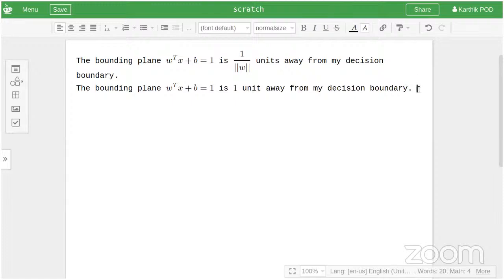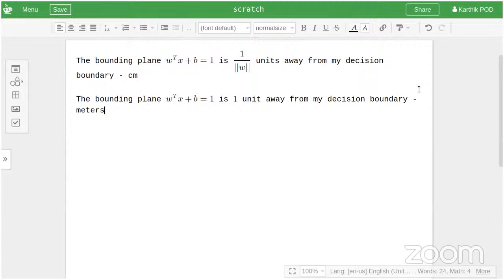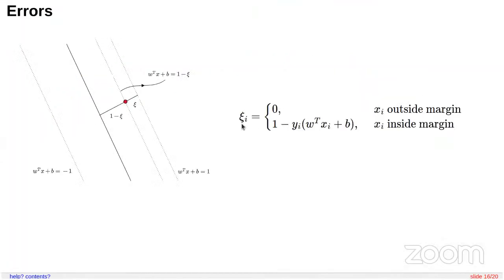I've just changed the way I'm measuring my units. This is a change in the metric space. Say this is centimeter, and by dividing or multiplying by norm W, I go into meters. So it's just starting with 1 unit away. Correct. One in the new unit.